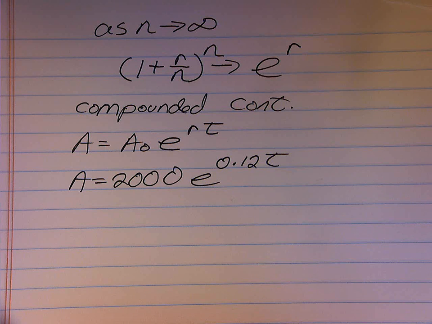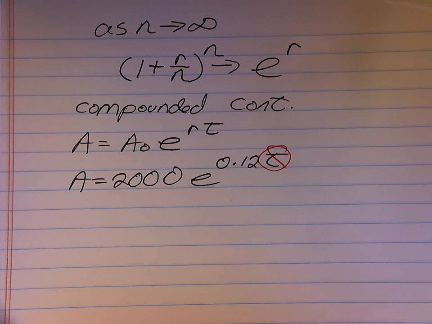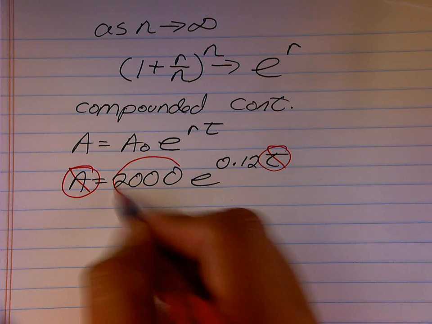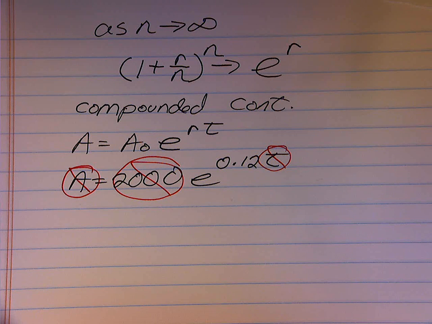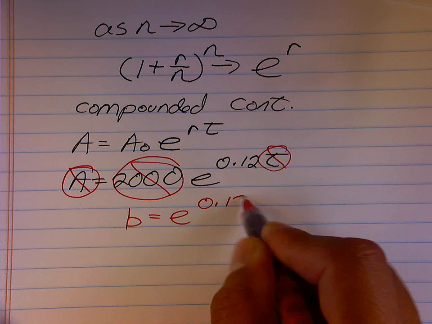To examine the factor in an exponential function, I must eliminate everything that the factor is not. t is my input variable. It is not the factor. a is my output variable. It is not the factor. The 2,000 is my initial amount, in this case my loan, which is not the factor. So my factor is e to the 0.12.